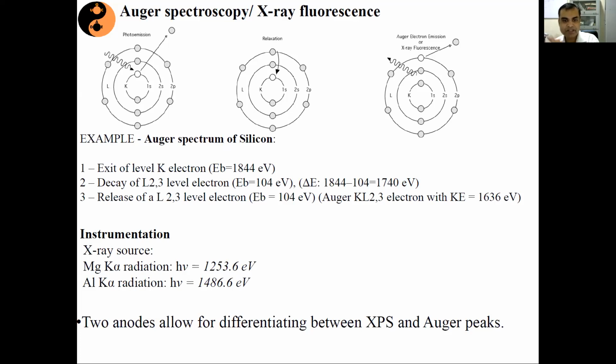So how do we make a distinction? Remember, the characteristic of a photoelectron is its binding energy, whereas the characteristic of an Auger electron is its kinetic energy. By probing the kinetic energy or the binding energy of the emitted electron, one can identify whether it is a photoelectron or an Auger electron.